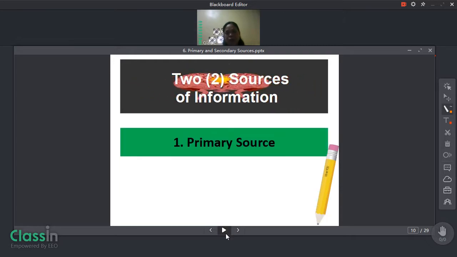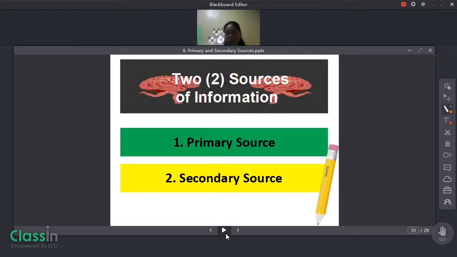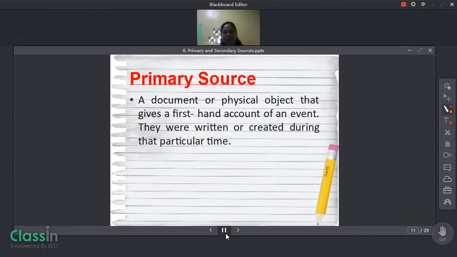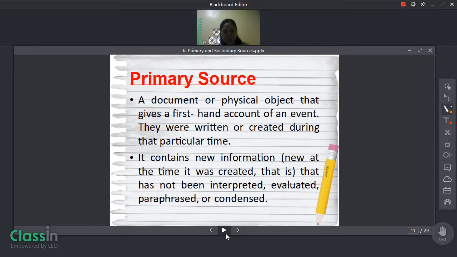First, we have the primary source. Second is the secondary source. A primary source is a first-hand account of an event. It contains new information that has not been interpreted, evaluated, paraphrased, or condensed. Meaning it's the original, the origin of something new, from the word primary.